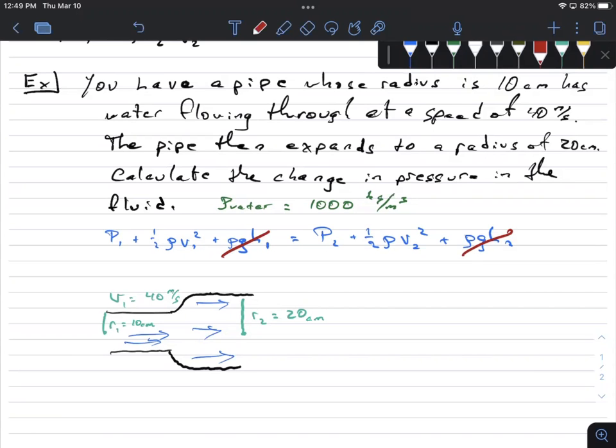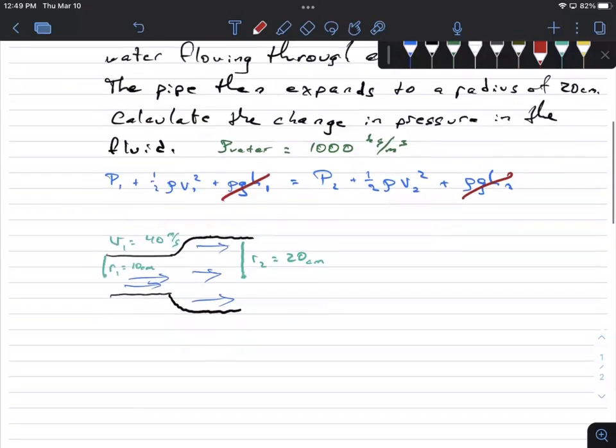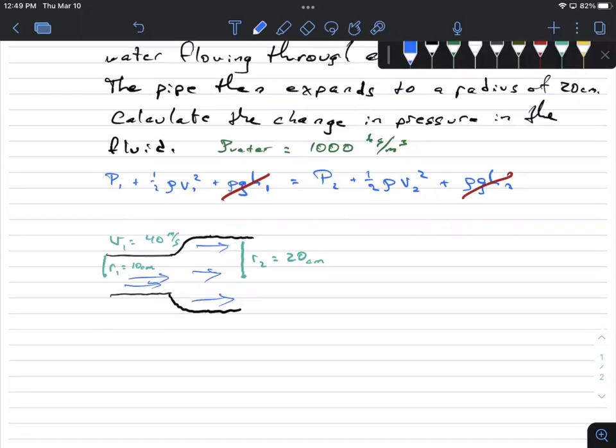So I don't have to worry about them. Well, if I don't have to worry about them, then this equation becomes a little easier. Now all I have is P1 plus 1/2 rho V1 squared is P2 plus 1/2 rho V2 squared. That's nice. It's a little easier.